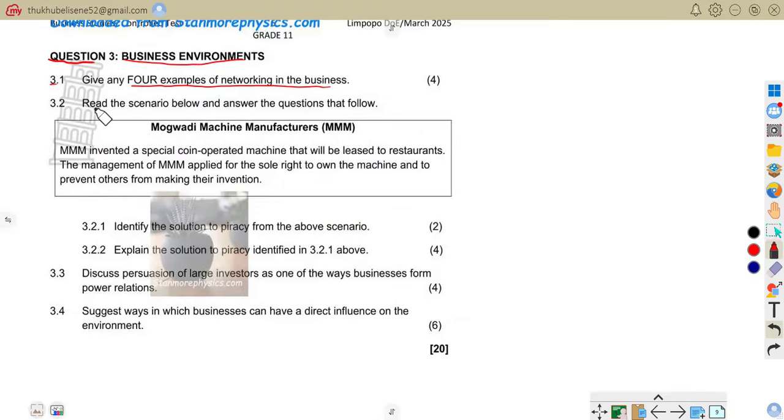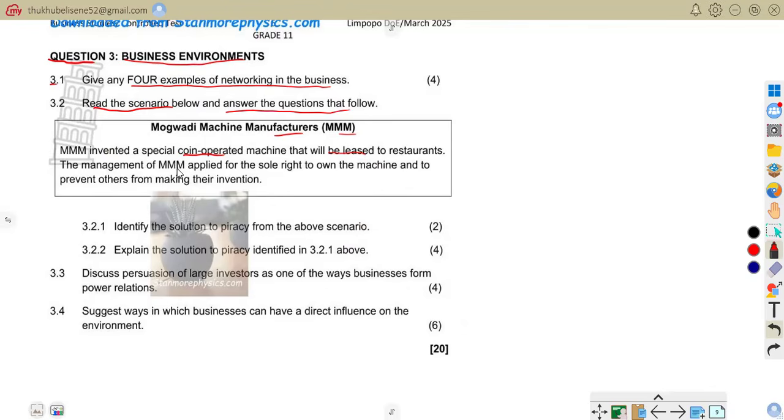3.2: Read the scenario below and answer the questions that follow. Here we have Mohwadi Machine Manufacturers, Triple M. Triple M invented a special wine-operated machine that will be leased to restaurants.